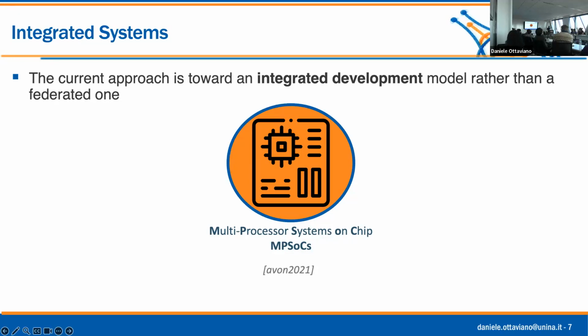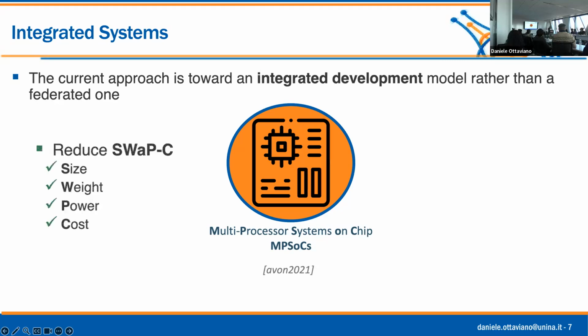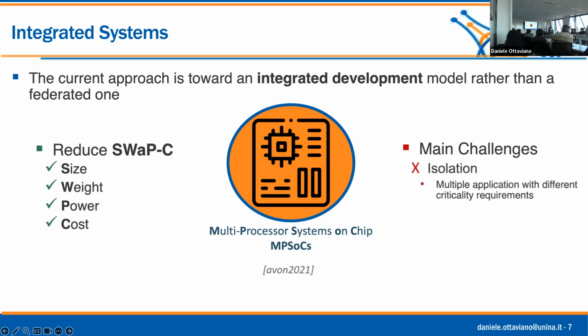The reason why we usually try to bring multiple applications onto this kind of microprocessor is to reduce the size, the weight, the power, and the cost of our hardware. So instead of having hundreds of microcontrollers, we use a few multiprocessor systems on chip, powered with multiple processors, accelerators, and so on. But there are some challenges to be considered in this situation. Principally, the temporal isolation of applications.